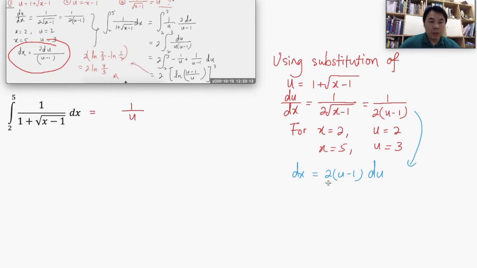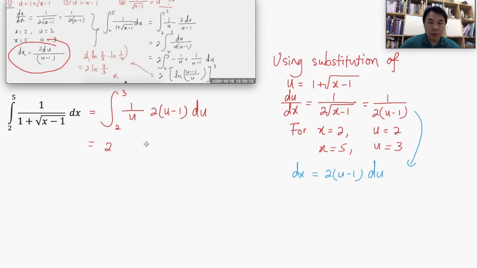Now let's use these substitutions to finish off this integration. So we have 1 over u, dx is 2 times u minus 1 du, and then our lower boundary and upper boundary has been changed to 2 and 3 here. So from here we are quite ready to start the integration.